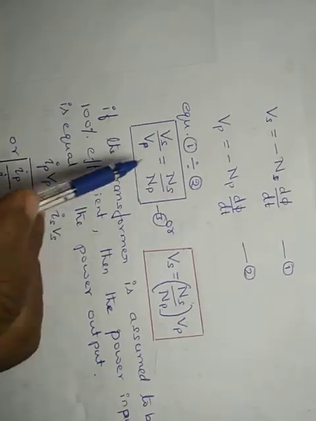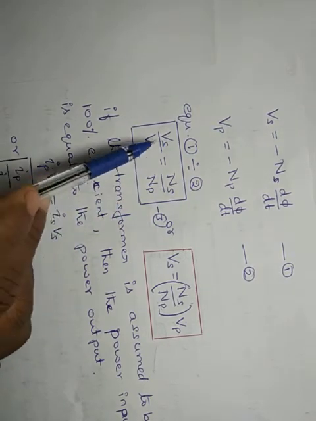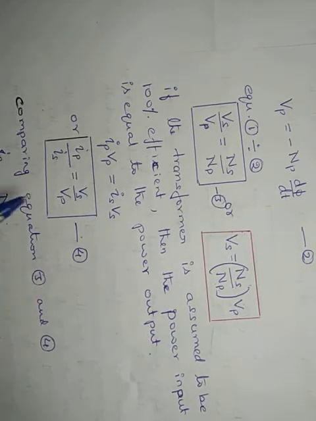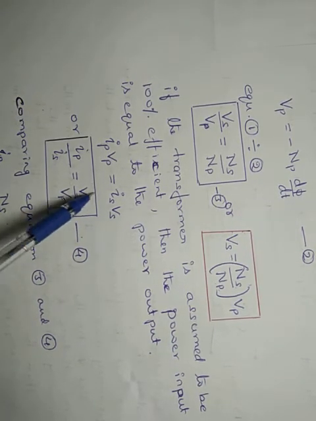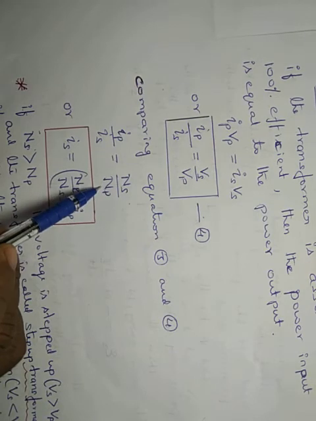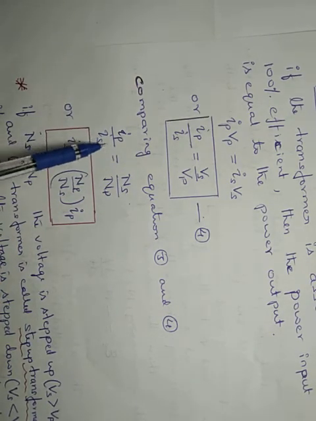We know Vs by Vp is nothing but Ns by Np. Here we have Vs by Vp. Instead of this, we can substitute Ns by Np, that is in terms of number of turns, for what we need, the output current, that is Is.